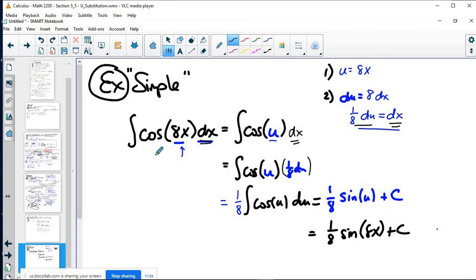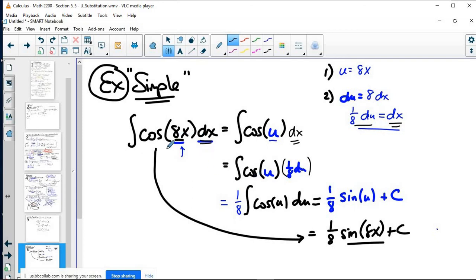Now as you get better and better, you may be able to jump a couple steps and get down here quicker, okay? But trust me, if you skip the 8 part and you just give me sine of 8x, you forget the 1/8, it seems like you're almost exactly right anyway. You just missed the 1/8. Well, guess what? You're totally wrong, right? Because you broke the rules.